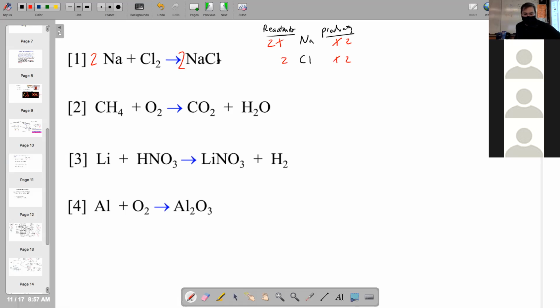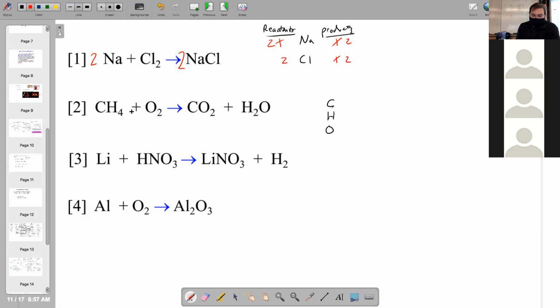All right, number 2 is the combustion of methane. If we use the burners here in the room, or you have a natural gas stove or a natural gas furnace in your home, this is the reaction. It's methane and oxygen makes CO2 and H2O. So you can make a list of the atoms if you want. We've got carbon, hydrogen, and oxygen.